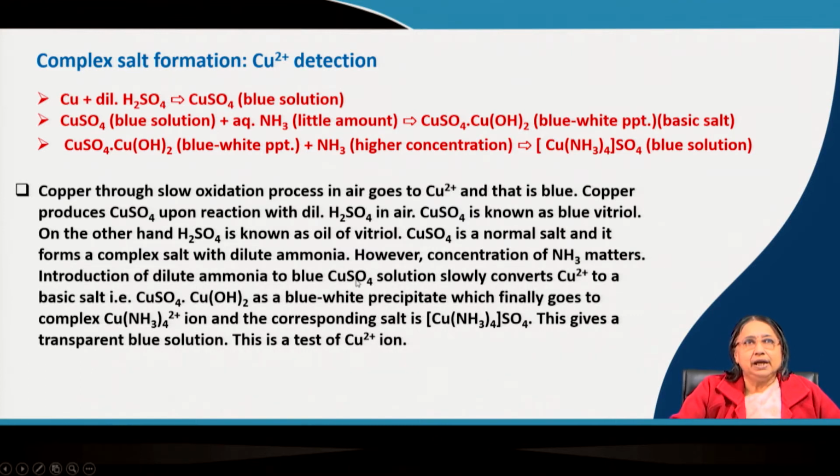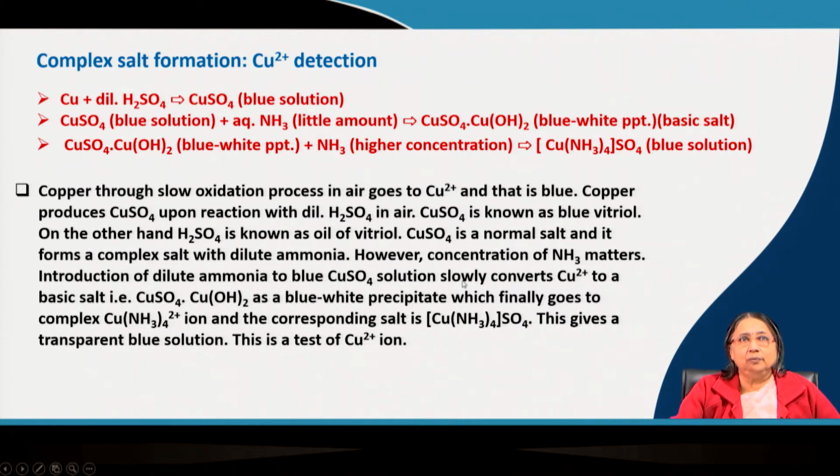What is happening? Introduction of dilute ammonia to blue copper sulphate solution. If you take some copper sulphate solution in a test tube and add ammonia solution, if the ammonia is in low amount or low concentration, then what will happen?